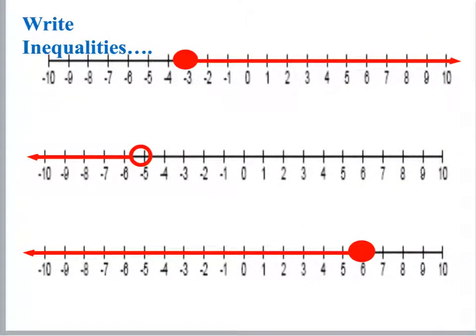Okay, let's look at just a few more examples. In the first one, I have -3 with a closed circle, and my solutions are lying to the right. This means that -3 is a minimum, and my solutions are greater than or equal to -3.